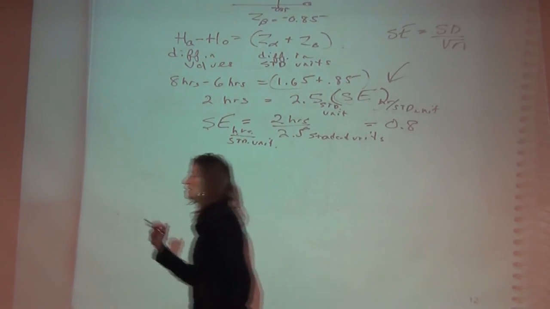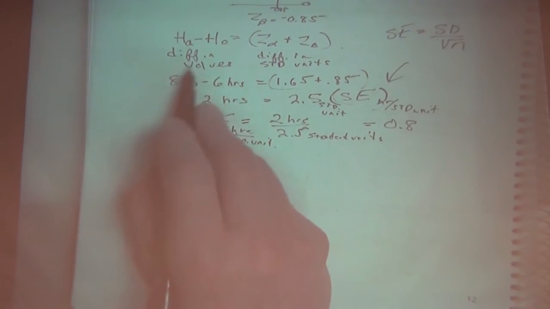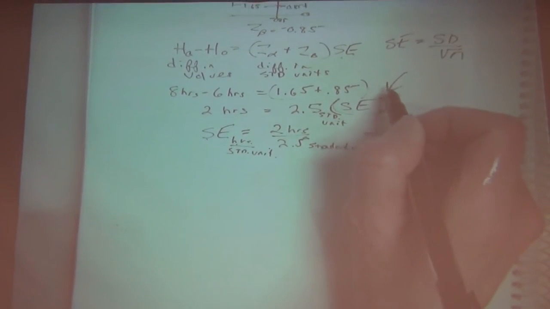What you're given is 2 things. To make them equal to each other, you have to use this conversion factor. So this is basically the idea.